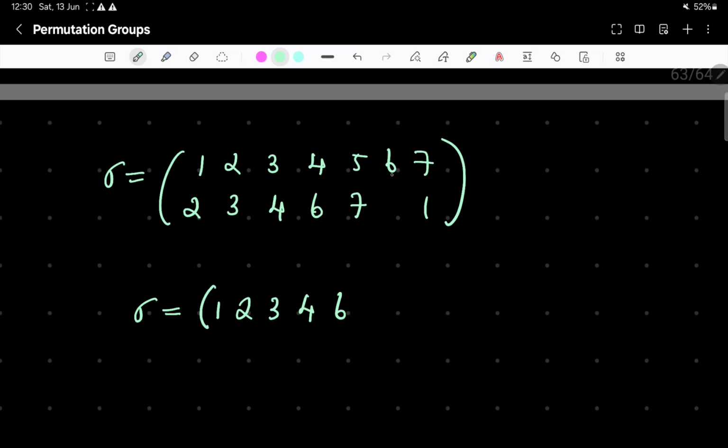What is left is 5, so 6 goes to 5, now 5 goes to 7, 7 goes to 1.